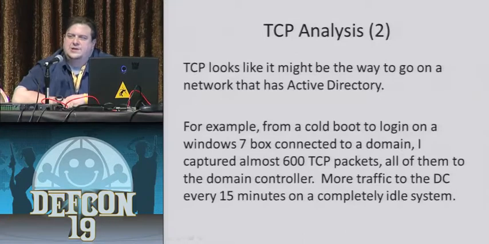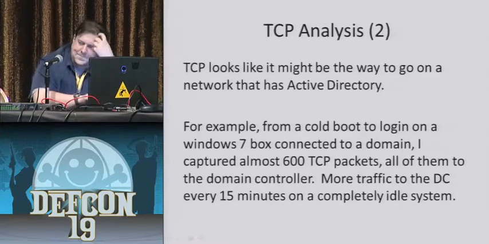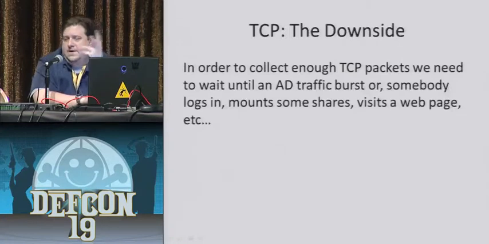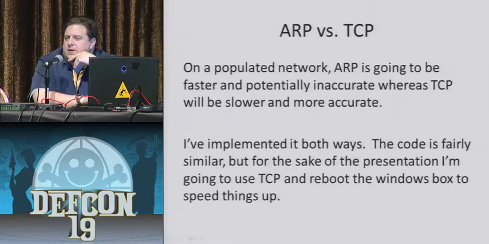So as long as you're patient and willing to leave the device up for a while and you're on an Active Directory environment, you'll get all the traffic you need to be able to self-configure. But like I said, it takes a little while. So I've done it both ways. ARP is generally faster but potentially unreliable. TCP is going to be more reliable but takes a little while.